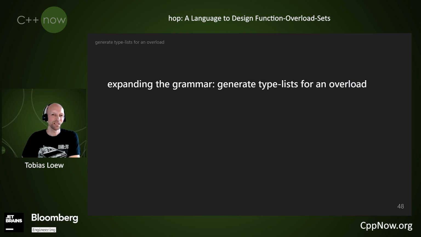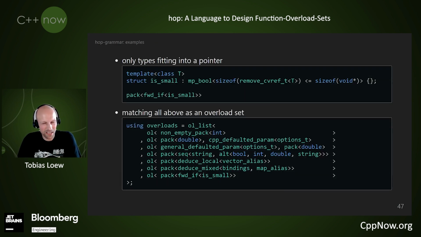Okay, now let's go to the second part. When we just look back at what we did right now for the hop, and look back at homogeneous variadic functions, our library, what was the equivalent there was packing types together in an MP list, by specifying on which types I want to generate overloads.